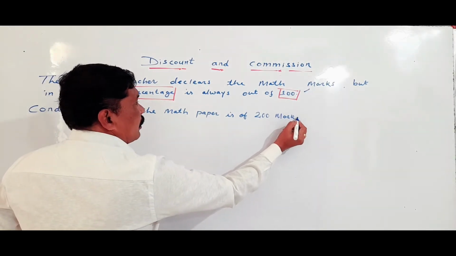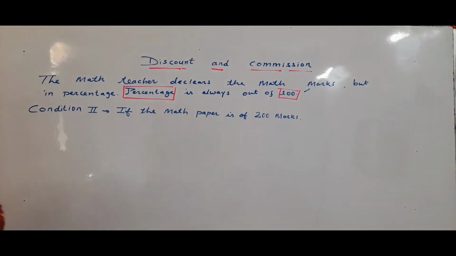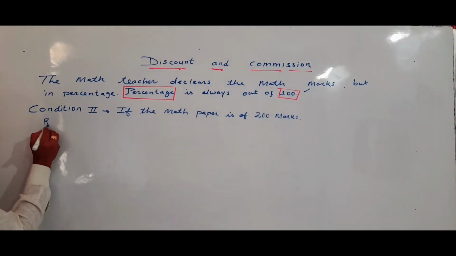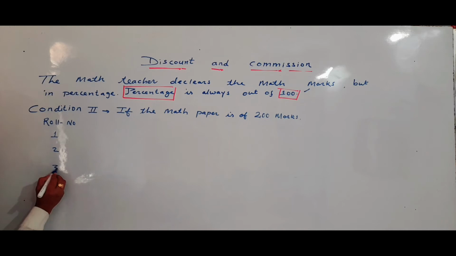Now, if the paper is of 200 marks, roll number 1, 2, 3, 4, 5.